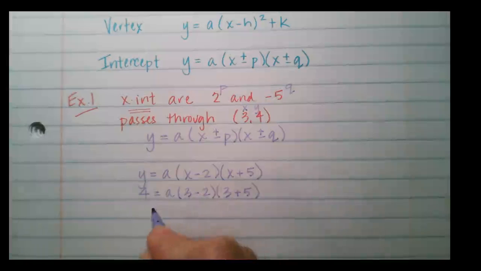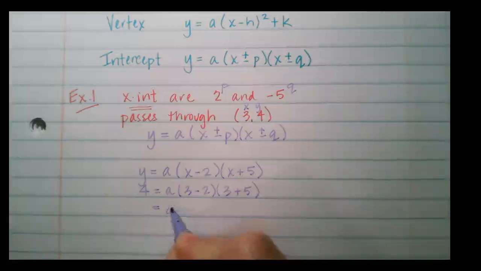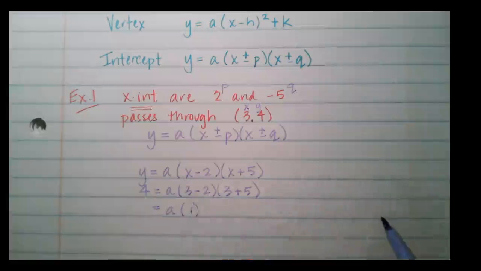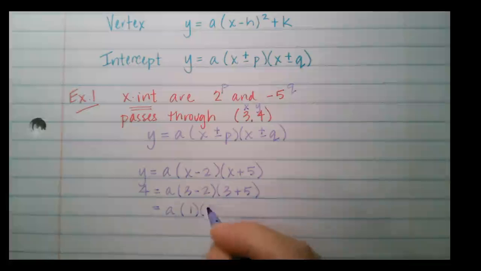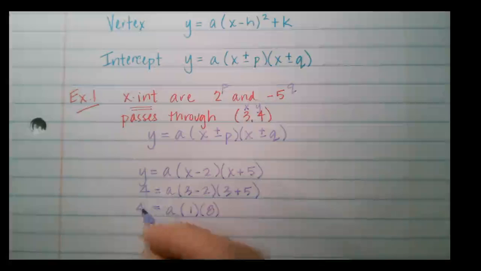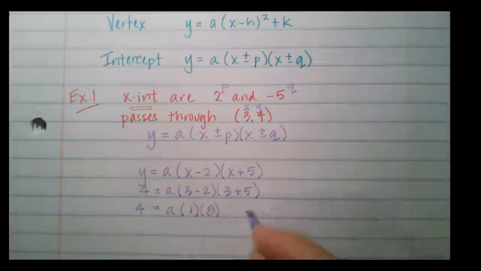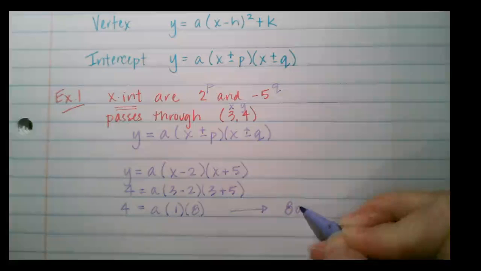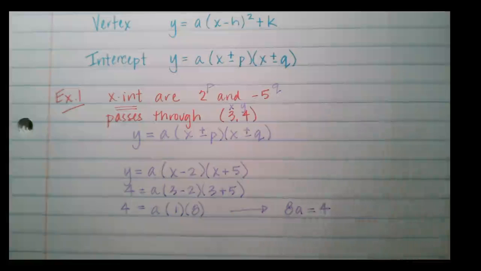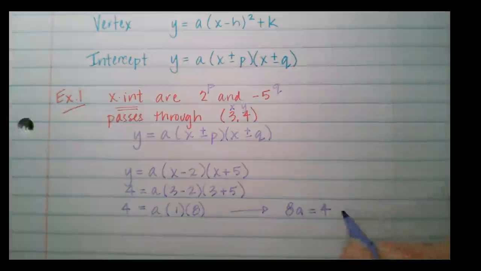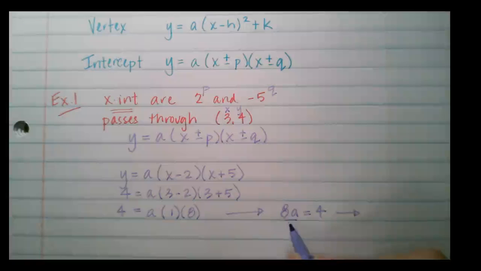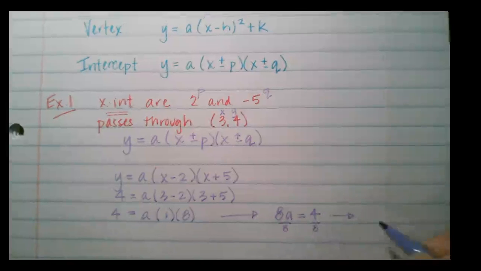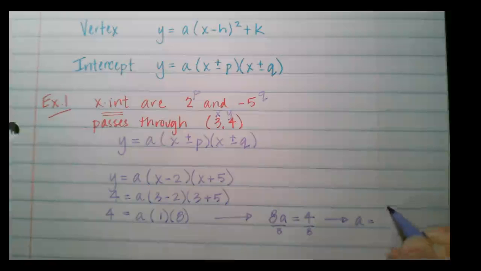All right, so on the right side, I have in this set of parentheses a 1, in this set of parentheses an 8. Well, that's just the same as saying 8a equals 4, because I'm just multiplying these together. Switched it around, which you can. So that tells me that if I divide both sides by 8, that the a is 1/2.